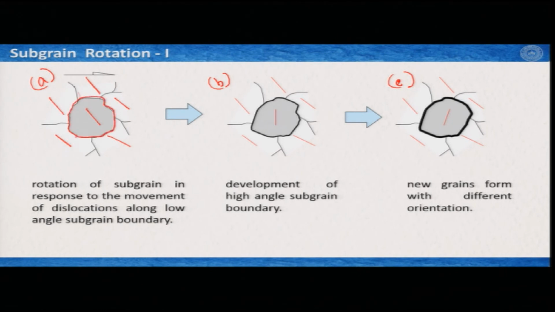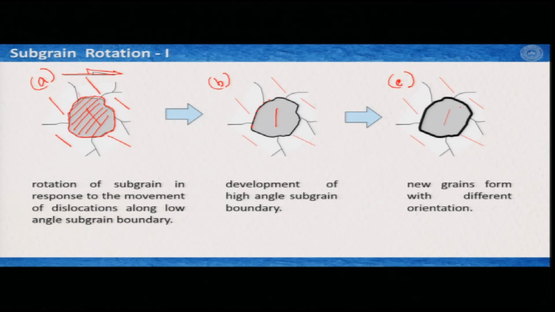Now, if the deformation continues, then this subgrain can rotate, and when this grain is rotating, of course the crystallographic orientation of this grain also rotates compared to the neighboring grains. Therefore, you generate some sort of high angle grain boundary between this grain and the other grains in its neighborhood.